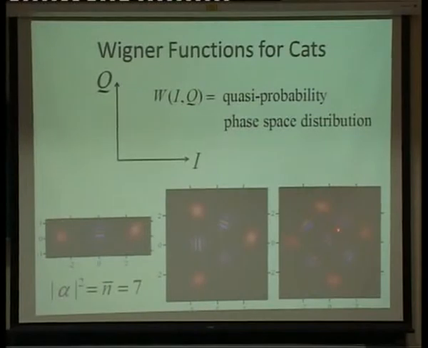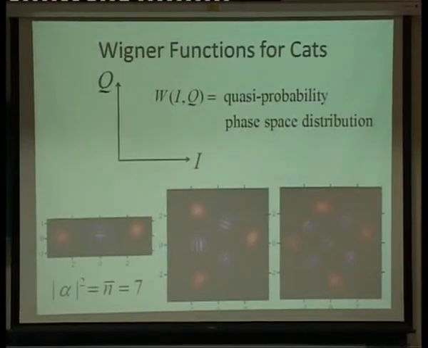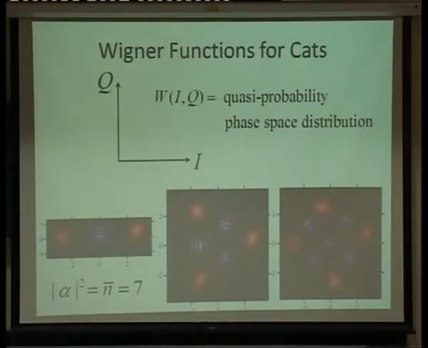If you lose one photon out of it, the sign of all those fringes reverses. And so the fact that you can see them means that it's a really stringent test that you have a coherent state. And of course, the rate at which you lose photons scales with the number of photons.